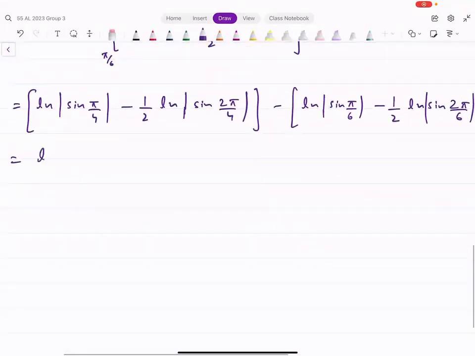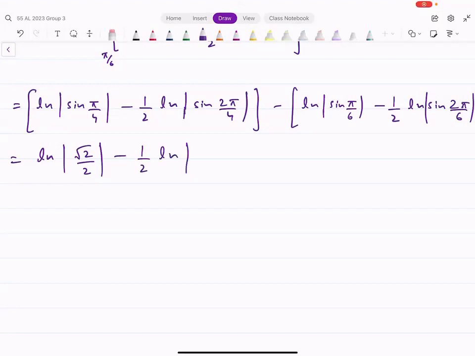sin pi over 4 की वैल्यू इनपुट करके दिखानी है। यहाँ पे क्या वैल्यू होती है? sin pi over 4 is 1 over square root of 2। ये होता है, या स्क्वायर रूट ऑफ 2 over 2, एक ही बात है। कैलकुलेटर पे आपको मिलेगा स्क्वायर रूट ऑफ 2 over 2, राइट? दैट्स व्हाट यू गेट ऑन योर कैलकुलेटर। ओके, minus 1 over 2 ln of sin pi over 2.